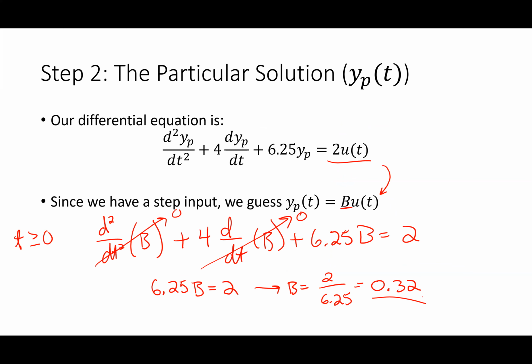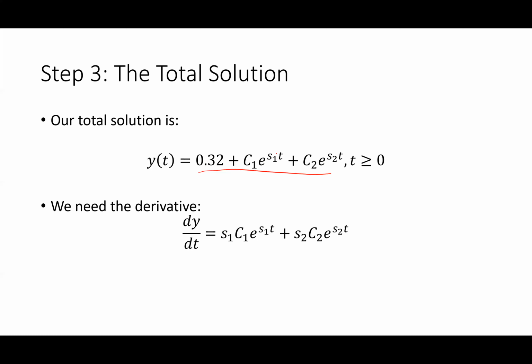The derivative of this guy is super easy to take, isn't it? I like exponentials because their derivatives are nice and their integrals are nice. What's the derivative of e to the S1t? S1 e to the S1t, okay? The derivative of a constant is 0, right? So the derivative of this guy just becomes that. Notice I have S1, C1 like that.